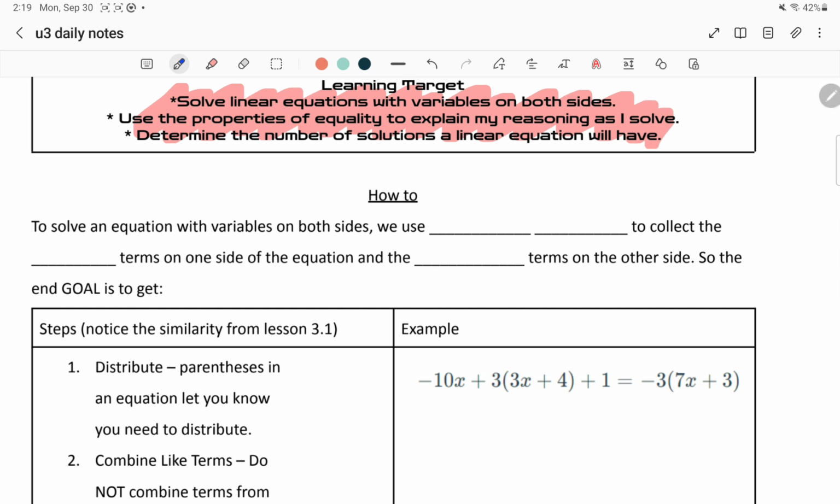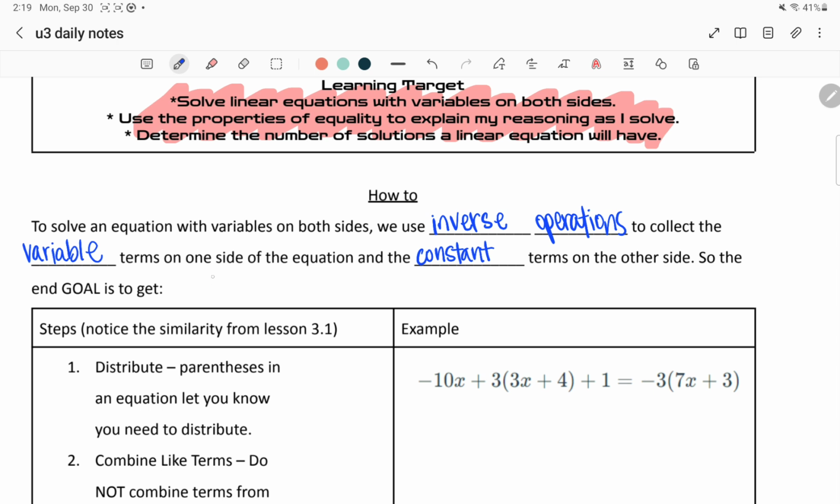To solve an equation with variables on both sides, we need to use inverse operations to collect the variable terms. Remember, a variable is a letter. So all of our terms that have a letter on one side of the equation, and the constant terms, the terms that don't have a variable, no letters, on the other side.